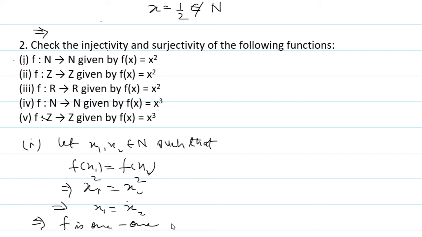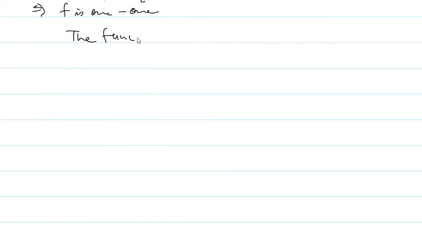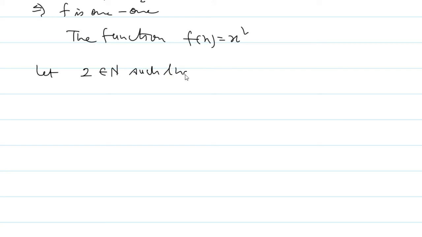Now let us check surjectivity of this function. The function is f(x) equal to x square, domain and codomain being N. Now let us take a number, say 2, from the codomain such that f(x) is equal to 2 for some x belonging to the domain.